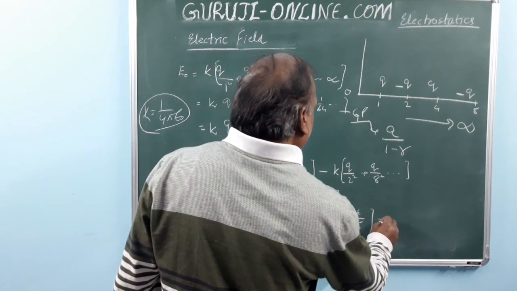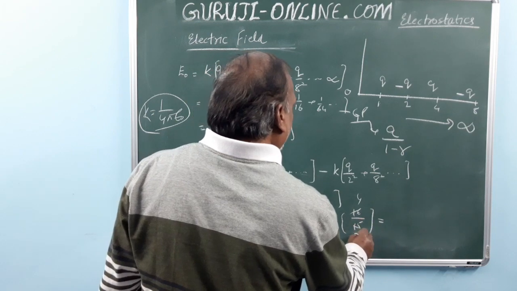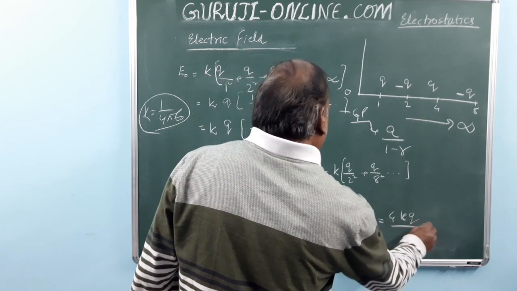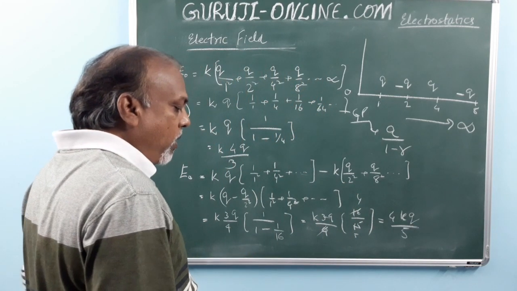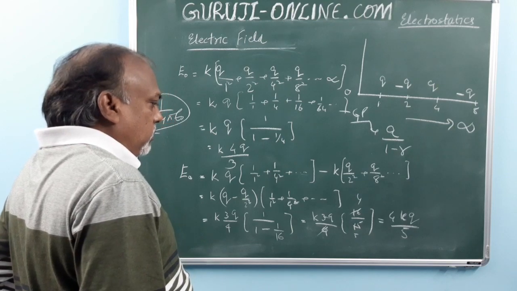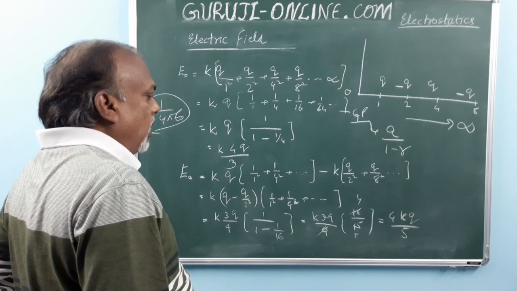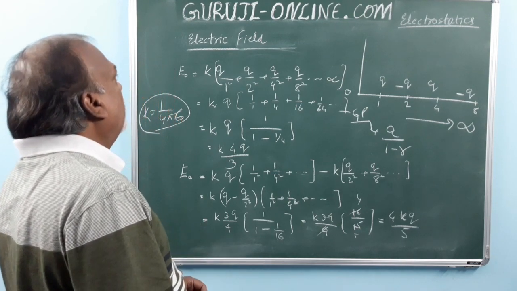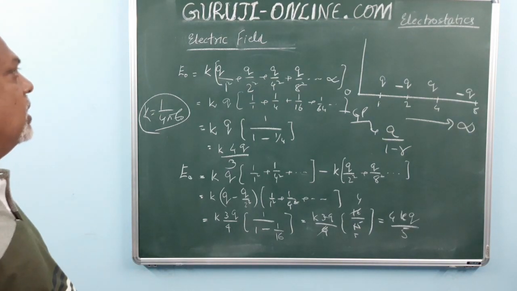So this will be 4KQ upon 5. So this is how we can solve this kind of problems.